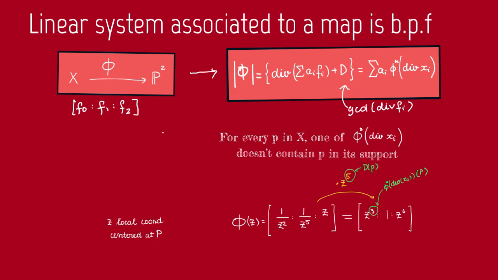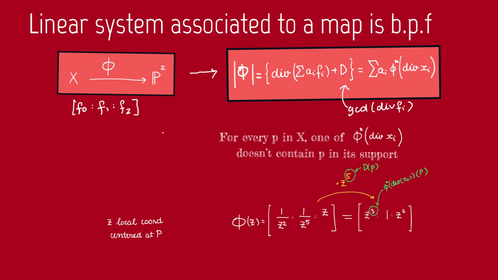So let's look at a specific example to understand this. Let's say we pick Z as a local coordinate centered at P, and suppose we write phi in terms of the local coordinate, and let's say phi has this form. Recall that to evaluate phi at P, we need to choose a different representative of this map.